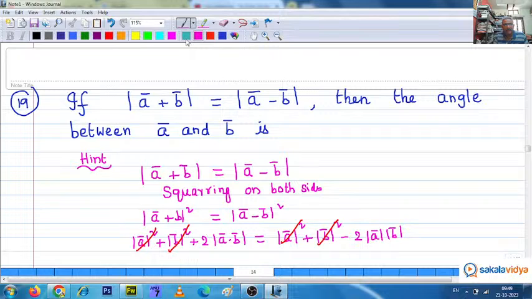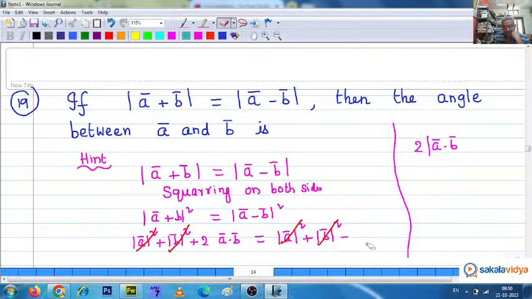We have 2 A dot B is equal to minus 2 A dot B. 2 is the common factor.